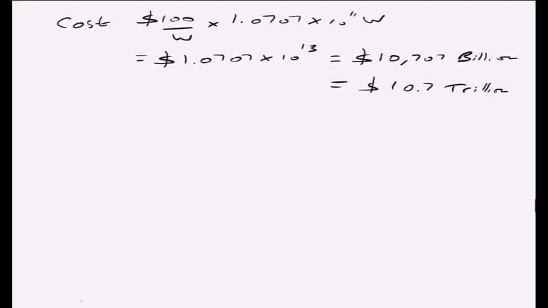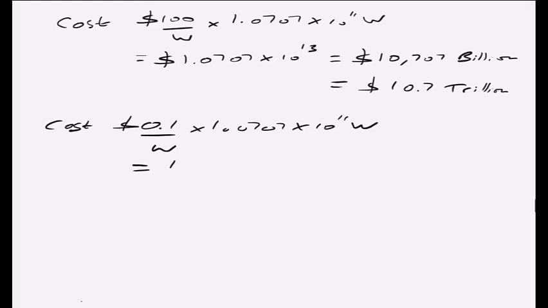The aim with something like Starshot, which would perhaps be possible in 2 to 3 decades, is that the cost will come down to something like 10 cents per watt, which, if we multiply this by our laser power, once again, comes out at 1.07 times 10 to the 10 dollars, which is equal to around 10.7 billion.